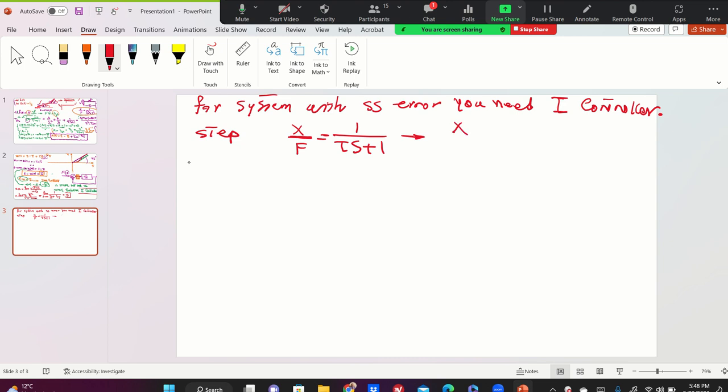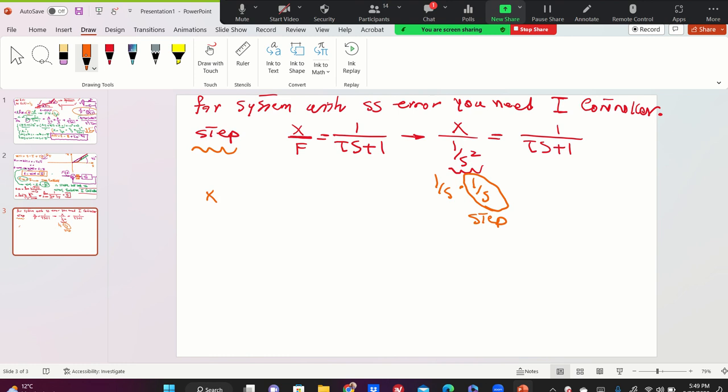The input to the system is a ramp, so it's 1 over s squared. But I can write this as 1 over s multiplied by 1 over s. What is this? You just told me: step. Because we have a step command in coding, that's right.